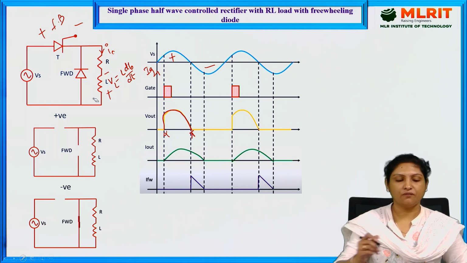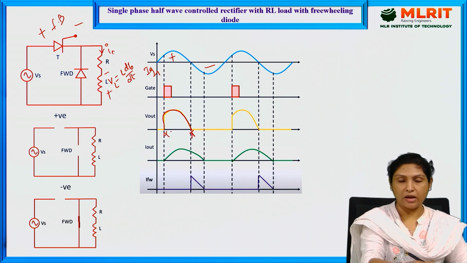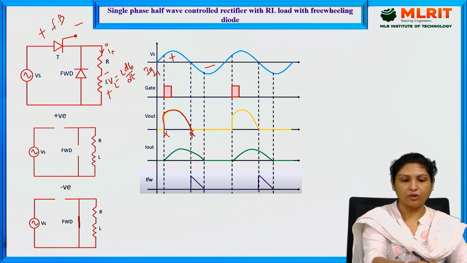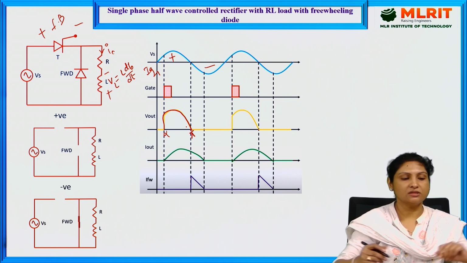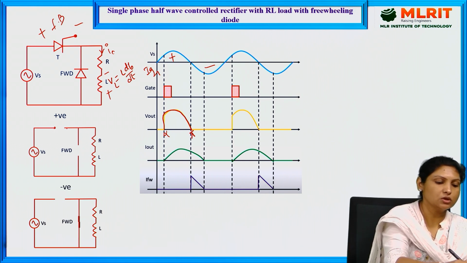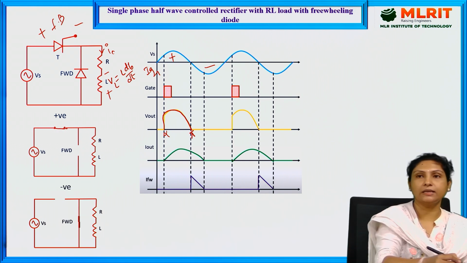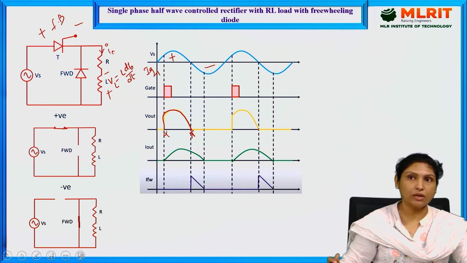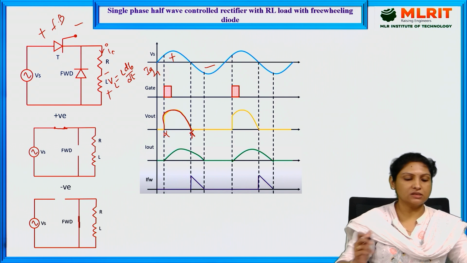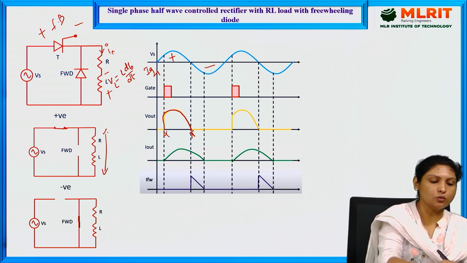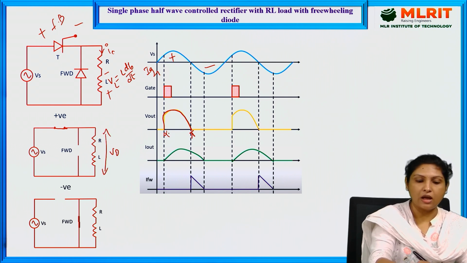For now, the thyristor is on and conducting current from alpha to pi, and that is how we get the output voltage. Whenever the thyristor is short circuited, whatever voltage we have applied appears across the load. That is how we get the output voltage from alpha to pi.